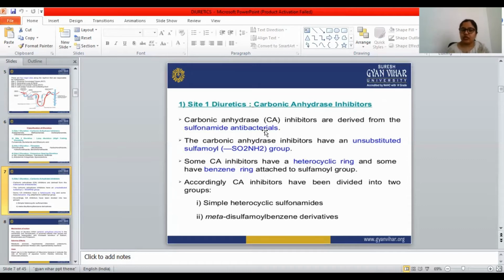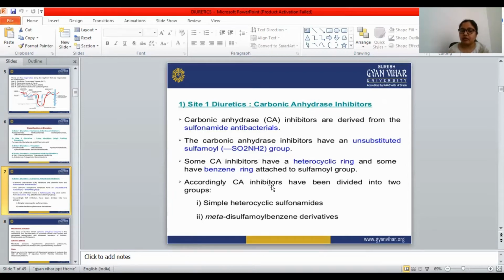This is the chemistry of the carbonic anhydrase inhibitors. All of them have an unsubstituted sulfonyl, that is the SO2NH2 group, and they also have a heterocyclic ring, and some have a benzene ring attached to this sulfonyl group.